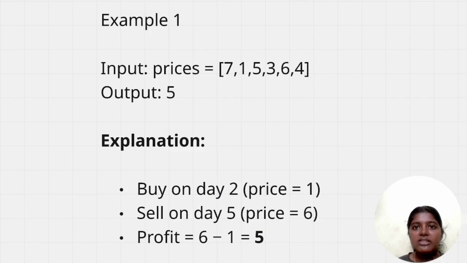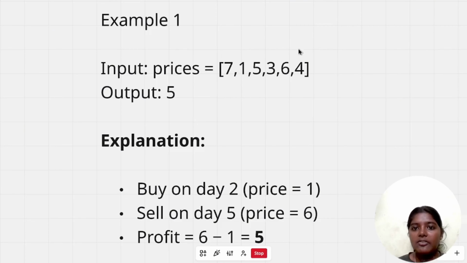Now we have to sell that stock. To sell, we have to find the maximum element in the array. Here the maximum element is 7, right? The 7 is on day 1, but we are buying the stock on day 2, so we cannot use it. The 7 will be omitted.